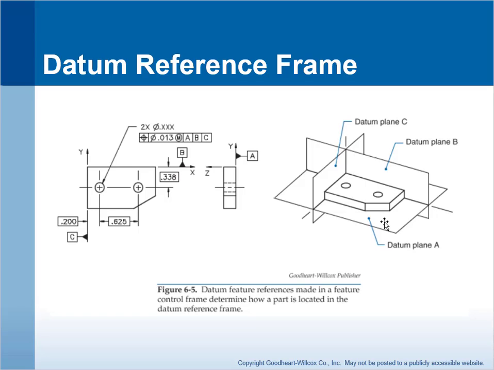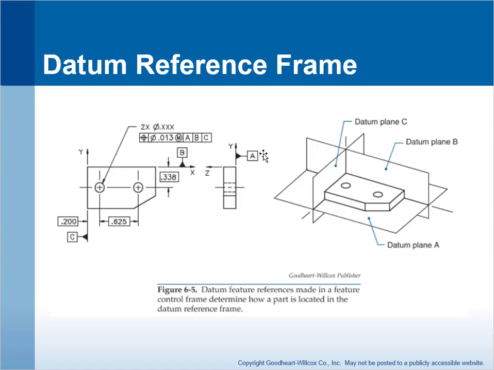The datum precedence is chosen essentially by the shape and orientation of the part. Like in this particular case, datum A happens to be the biggest surface of the part. That's good for locating these holes because that locates the biggest surface of the part. The other thing, too, is that these holes penetrate the part perpendicular to datum A. So I have to hold the part on datum A to see where I'm going to put these holes in.